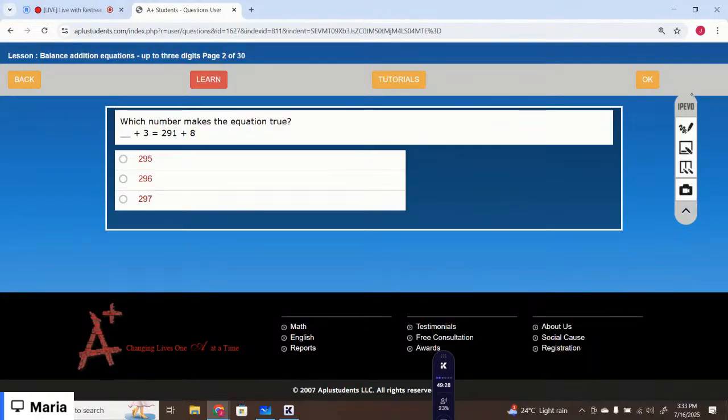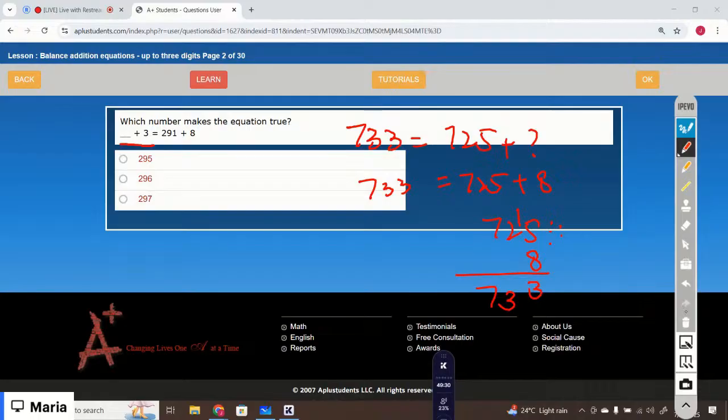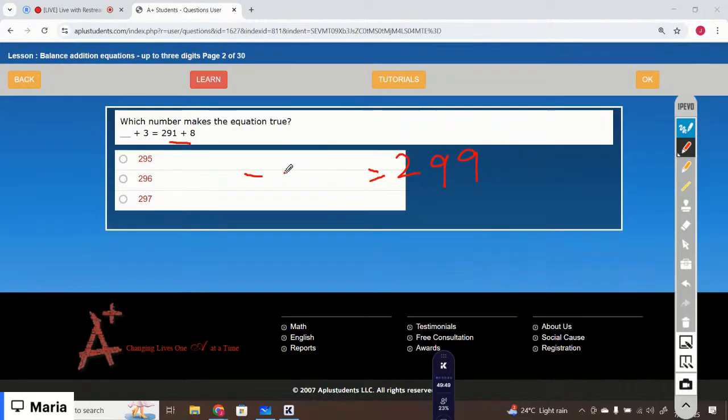Which number makes the equation true? 291 plus 8. 8 plus 1 makes 9. That is 299.